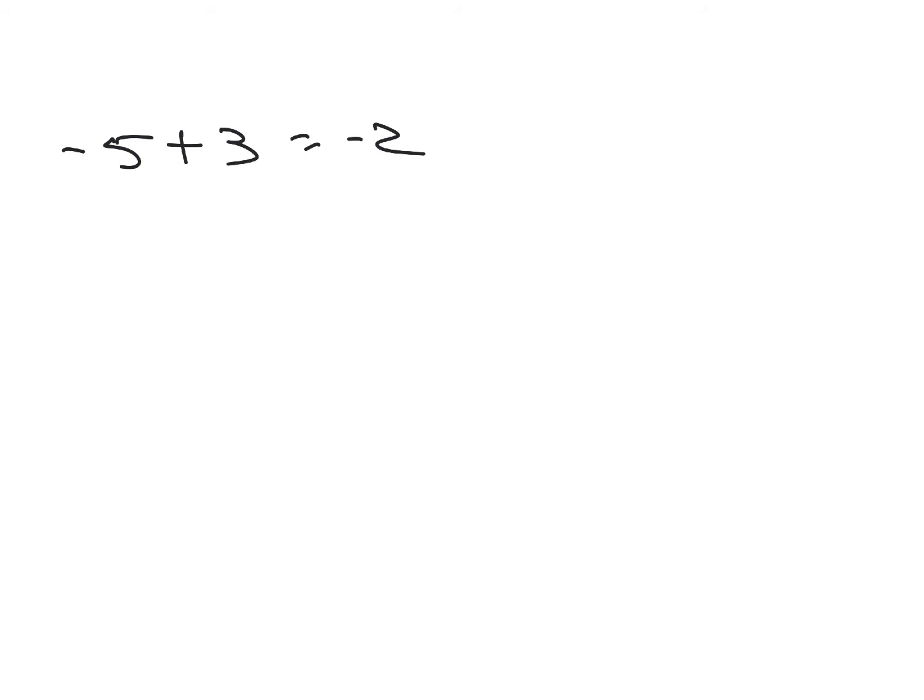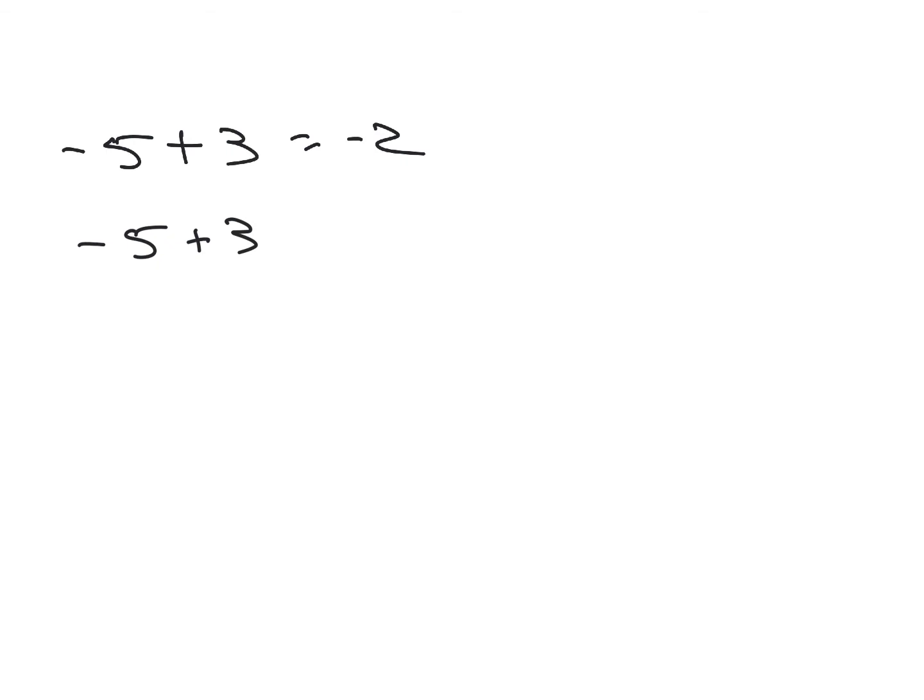And that is the way that you solve problems with positive and negative numbers. Now, if both of the numbers are positive, obviously you don't do anything except just add the two numbers together. If we were to have a negative 5 plus 3 like we do, we get negative 2.